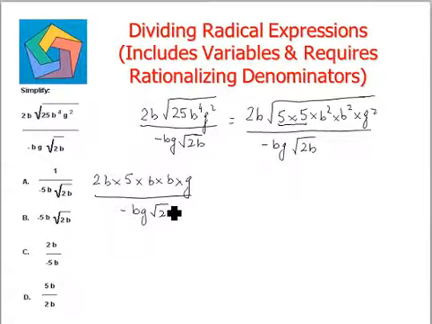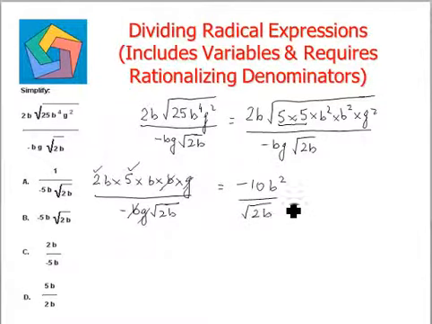Let's see if we can cancel something. B goes with one b and g goes with another g. So we have the negative comes in the numerator, negative 10, 5 times 2 is 10, and we have b squared divided by square root of 2b.